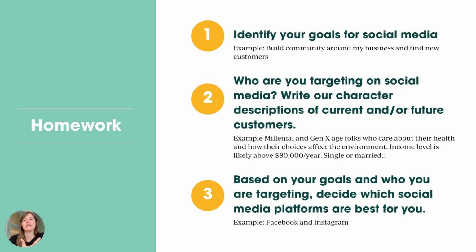But you can go even more in depth than that. You can write about what their interests are, what radio stations they listen to, what TV news station they listen to, what they care about, anything in your head. The more you can visualize a very specific person, the more focused your content will be when you're writing it.